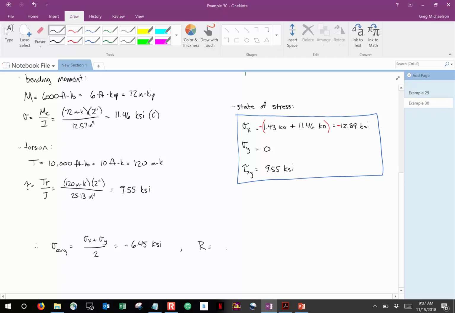Then the radius of Mohr's circle is the square root of sigma x minus sigma y over 2 squared plus tau xy squared. So plug and chug. I'm getting 11.52.